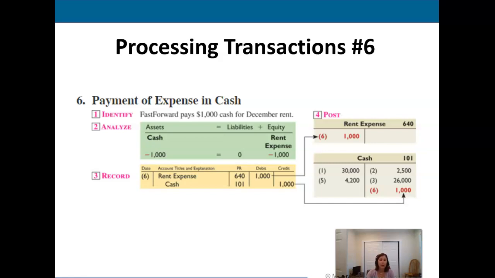And we've got less cash than we did before. We know that a credit entry will decrease the balance in an asset account. So we remain in balance, we wander on over to the individual accounts, we record those entries, and then we move on to the next transaction.